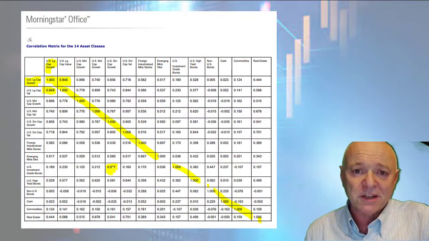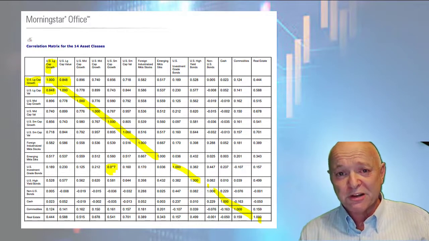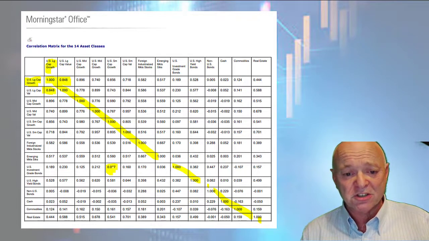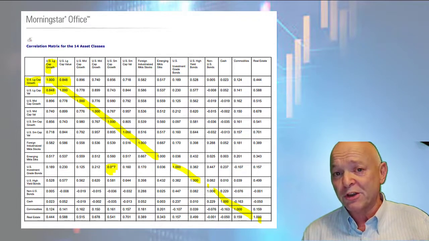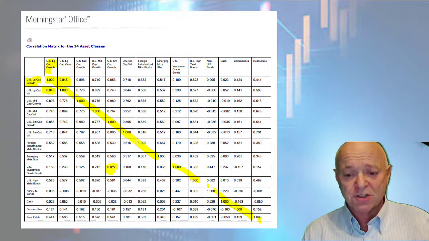So there is a really low correlation, and low correlation is our friend when we're looking for diversification. So we would try to create a portfolio by creating investments which have the lowest correlation coefficient.